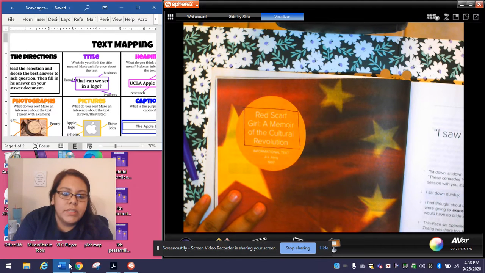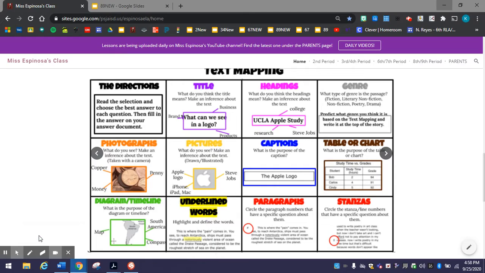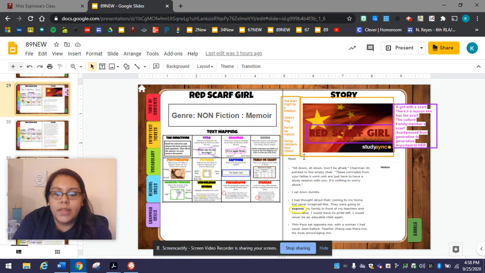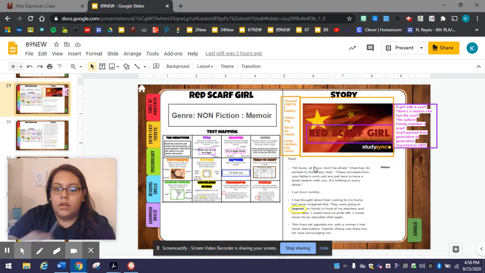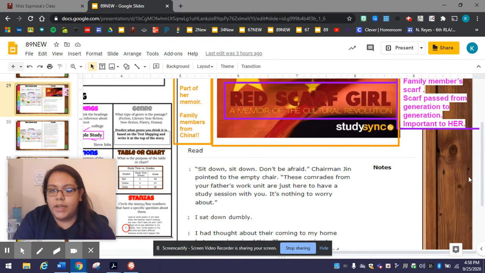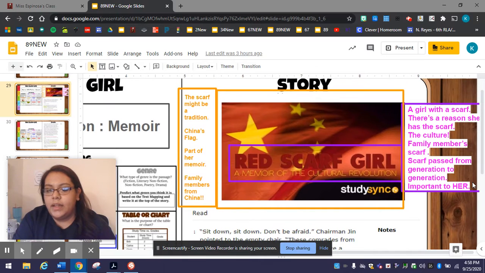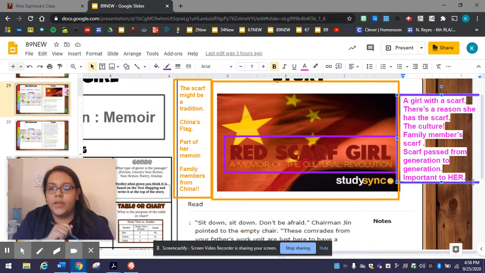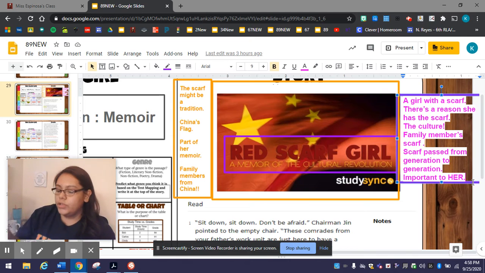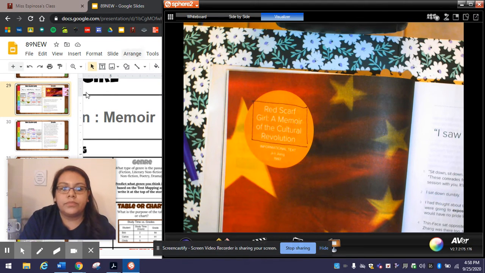I want to use the examples that one of my classes stated, and this is just based on the title. They said there's going to be a girl with a scarf. There's a reason she has this scarf. The culture, a family member, a scarf passed from generation to generation, and it's important to her. Those are some things that I do want to add to our own title.